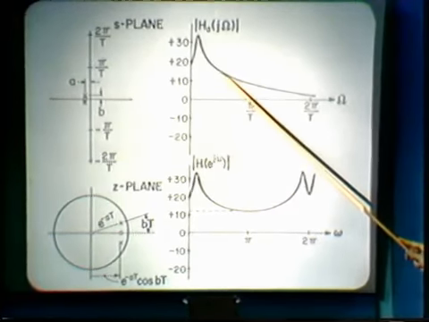So the corresponding discrete time frequency response is, as I've indicated here, we have a resonance corresponding to these pole locations. But whereas this frequency response drops off asymptotically to 0, this frequency response drops off to some non-zero value, and then continues back up again, basically because this frequency response has to be periodic.